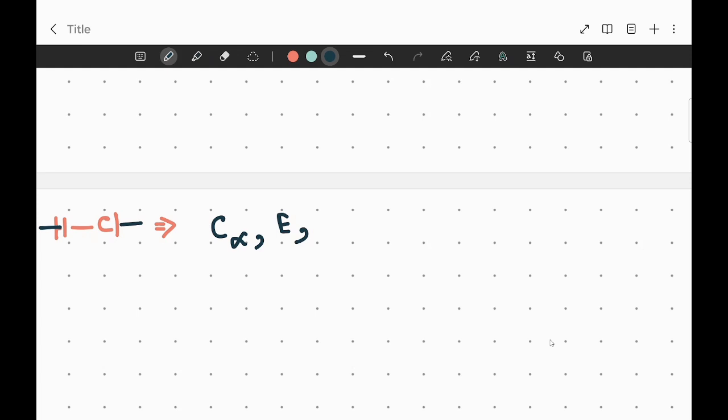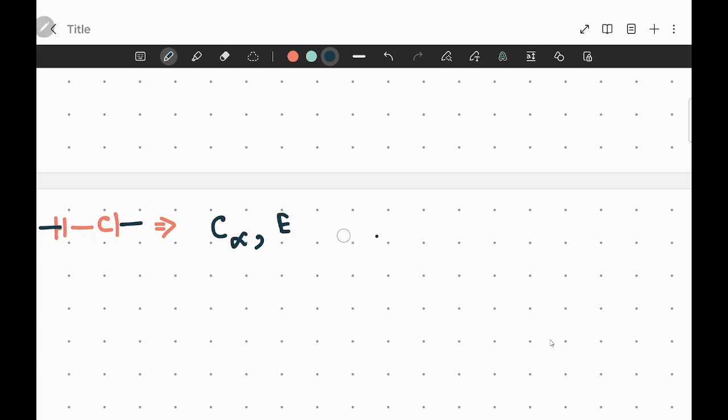So it should be sigma h, or sigma v. Sigma v, because it contains the axis. Sigma v is there? No, sorry, only E and C infinity.